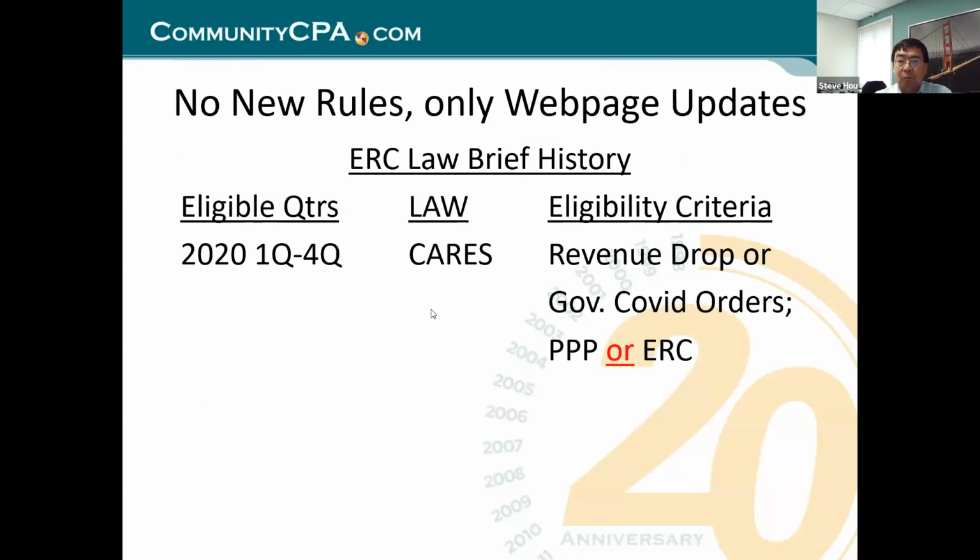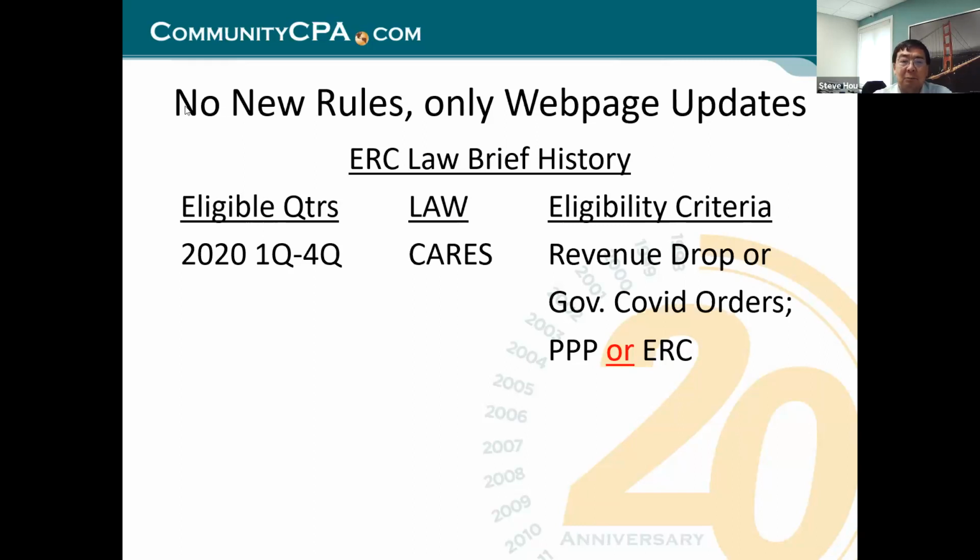First and foremost, let me stress that there are no new rules, okay? IRS obviously does not have the power to make new laws. They can only make rules for implementing the laws that are passed by Congress and signed into law by the President.